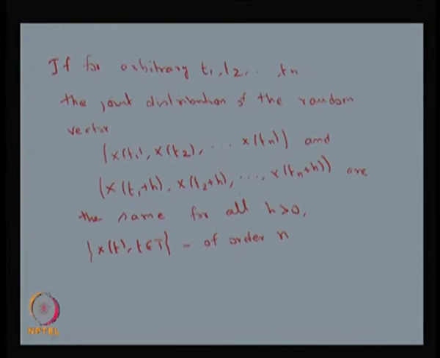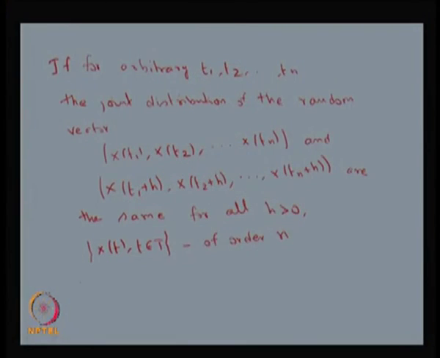If the joint distribution of the first n random variables as well as the joint distribution of the random variables shifted by h are the same, that means they are identically distributed, then you can conclude this stochastic process is strict sense stationary of order n, because you used n random variables.